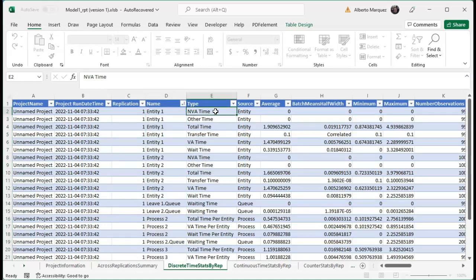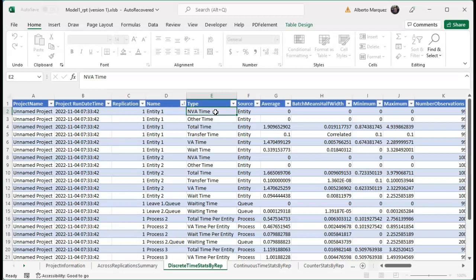When you see NVA, it means non-value added. In Arena you can classify the activities as non-value added or value added activity or delays. If it's representing the transformation of a product, say in a milling machine process, it's supposed to add value to the product.